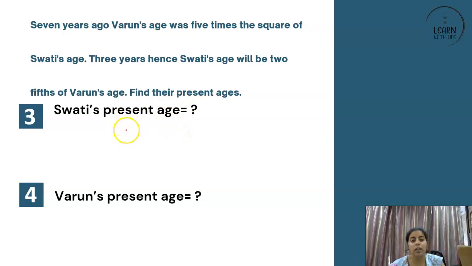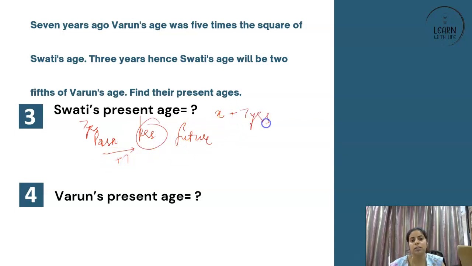If I say her age 7 years ago was x, then the present is 7 years ahead, so it is plus 7 years, agree? And Varun's age 7 years ago was 5x square. Now it is 7 years ahead, so it is plus 7 years. Agree? Everybody agrees? Yes, please comment as yes.